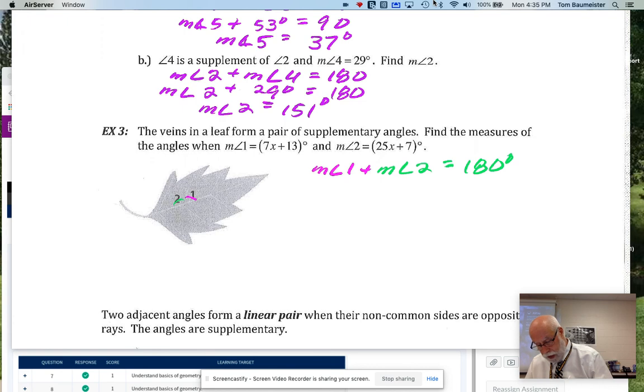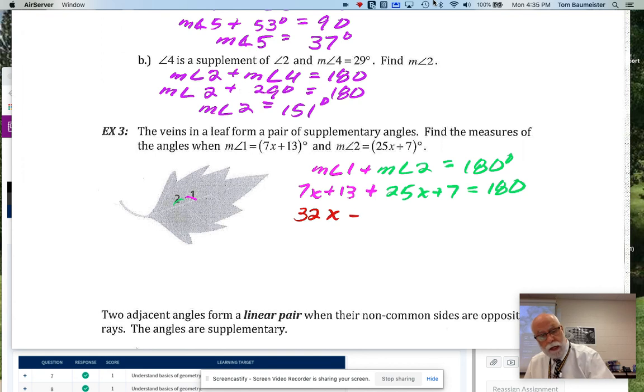All right, the measure of angle 1 we have as 7x plus 13. The measure of angle 2 is 25x plus 7. And again, those both equal 180 degrees. So now we're going to combine like terms again. 7x plus 25x will be 32x. 13 plus 7 is 20.